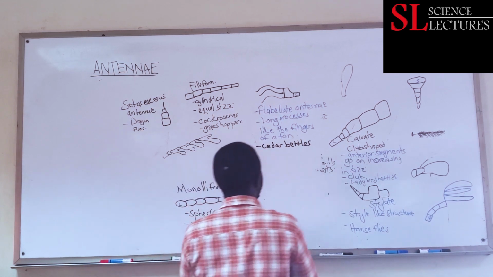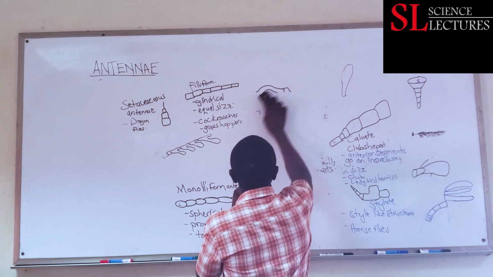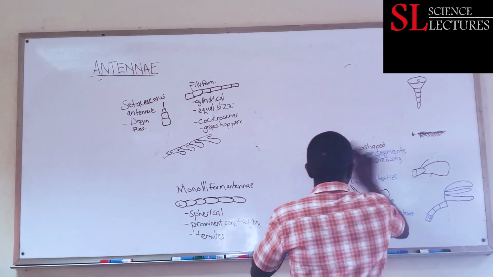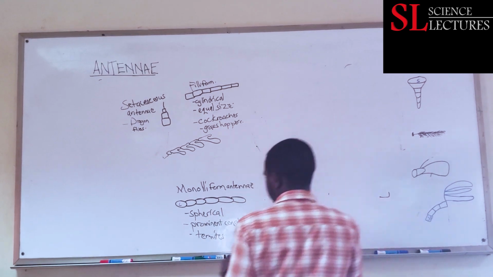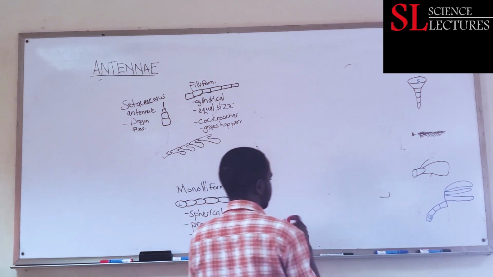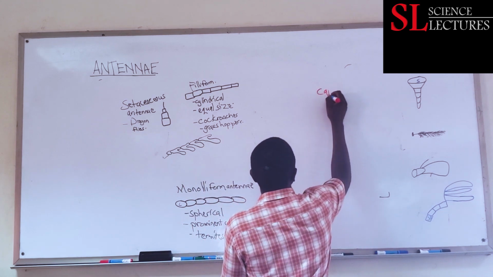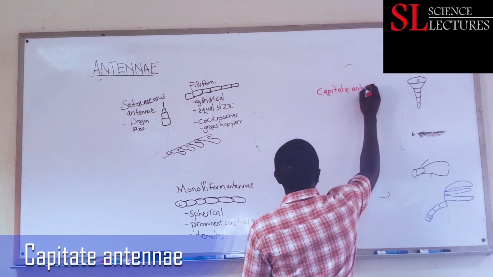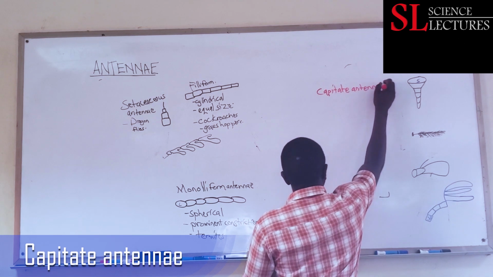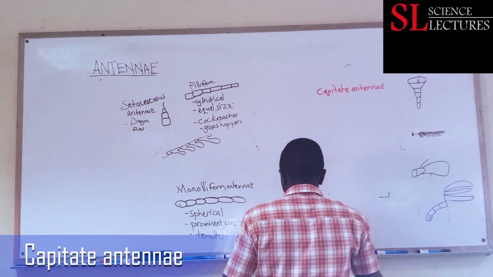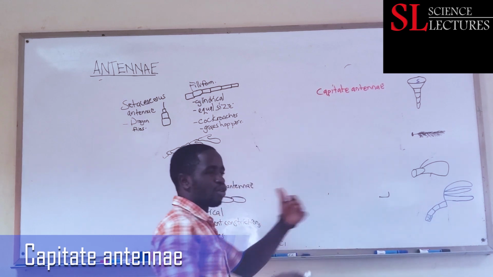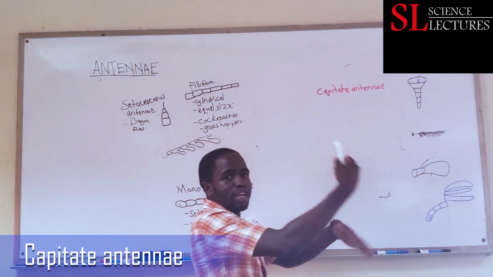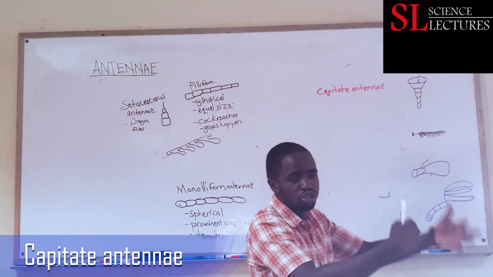Next, I want us to look at what they call capitate antennae. We've seen club-shaped antennae, where as you move from one segment to another, the size goes on increasing.